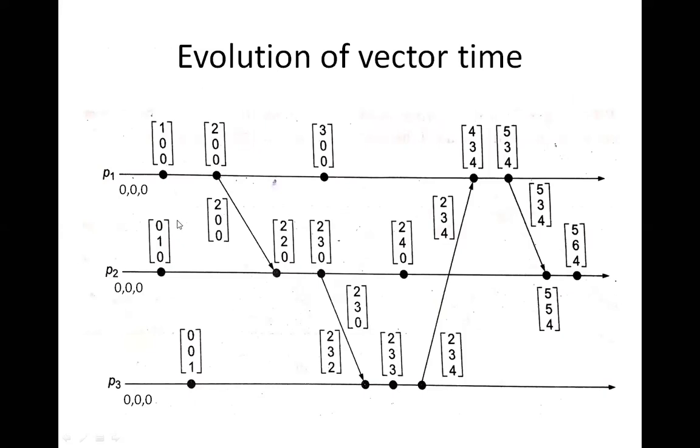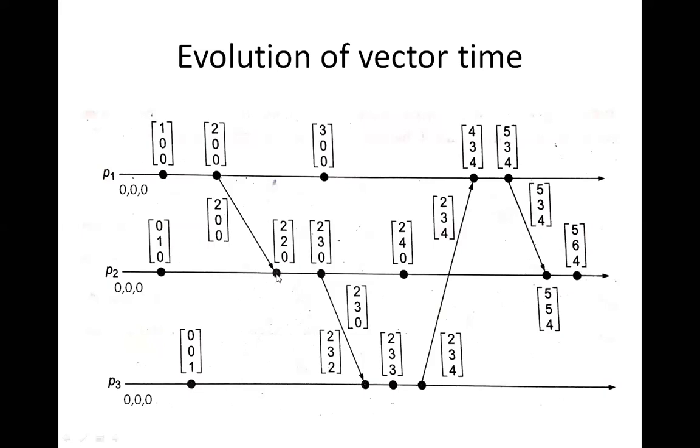Out of 2 and the current local value 0, the maximum is 2. Since it is the second event occurring in process P2, the second component, 1, will become 2. For the third component, we compare 0 with 0 and take the maximum, so it remains 0.